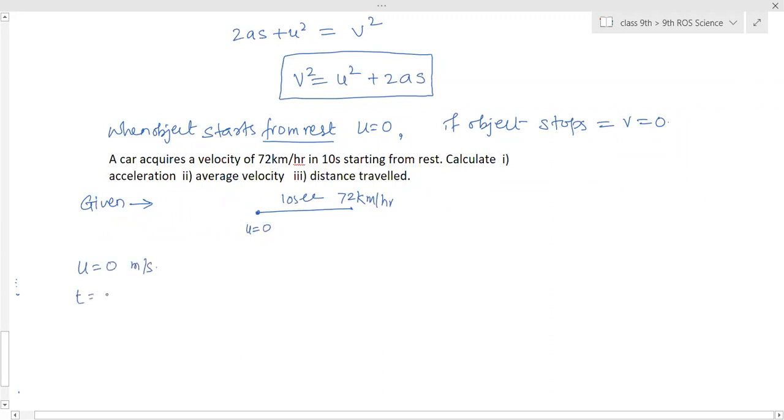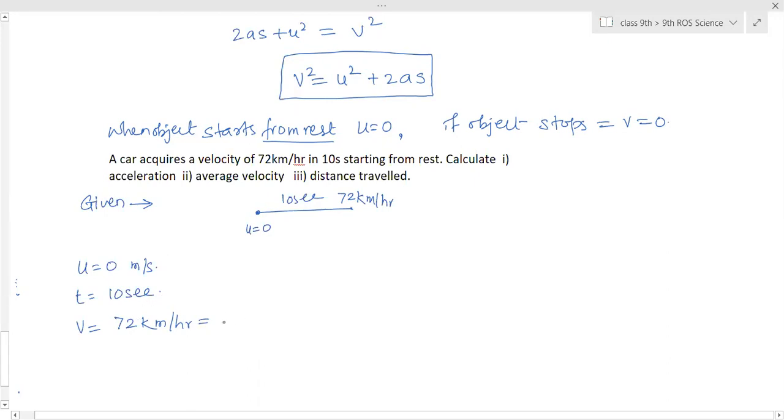Now after time t, that is 10 seconds, the speed has changed. So the final velocity is equal to 72 km per hour. This 72 km per hour we have to convert into meter per second.